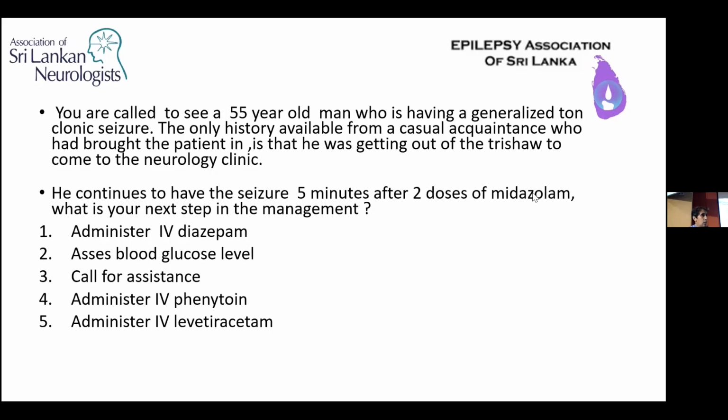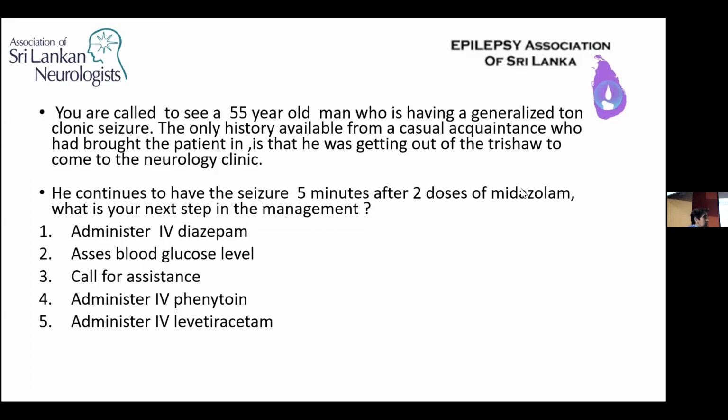That's one of the reasons you might choose levetiracetam. We can't say phenytoin is wrong, but if you don't know the past clinical history, unless we don't have an option, better not to use phenytoin. Excellent, thank you very much. Any questions?